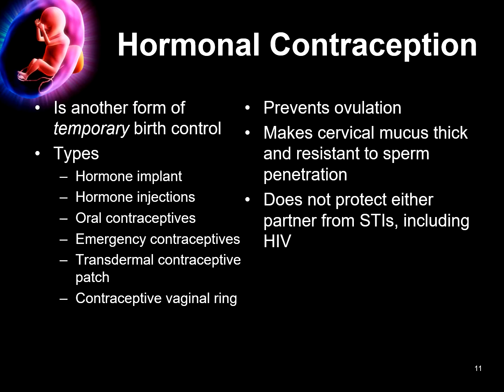Or the woman could use it continuously and not have a period, which can be prescribed. And with the hormonal contraception, it prevents ovulation, makes the cervical mucus thick and resistant to sperm penetration, and does not protect either partner from a sexually transmitted infection, including HIV.